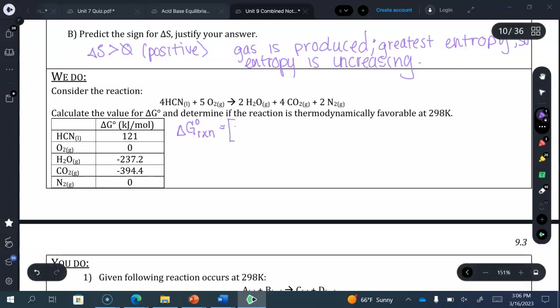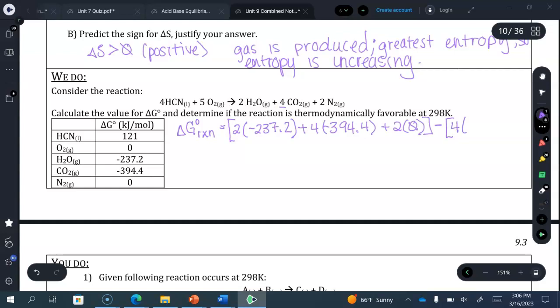So our products: 2 times water, which was negative 237.2, plus 4 times carbon dioxide, which is negative 394.4, plus 2 nitrogen.